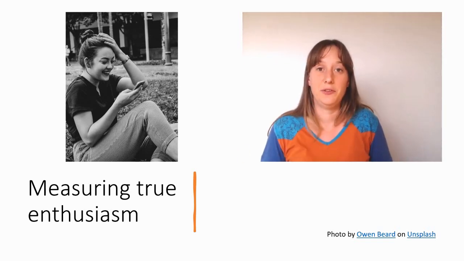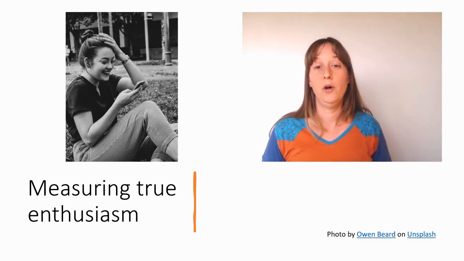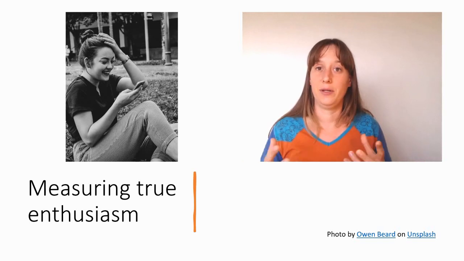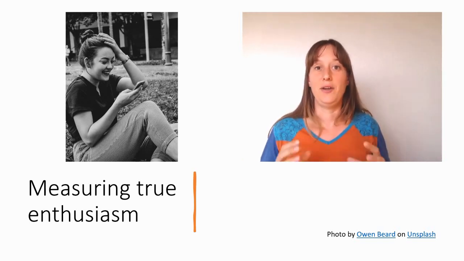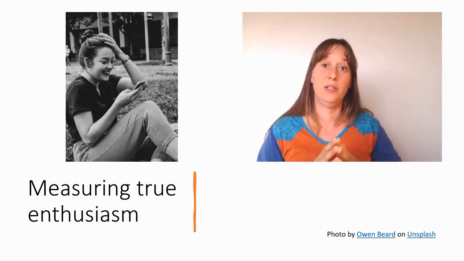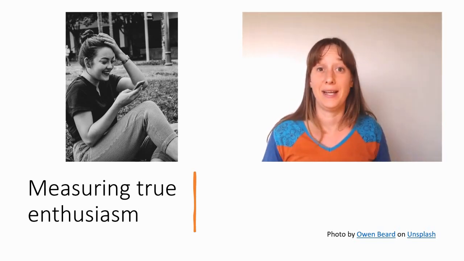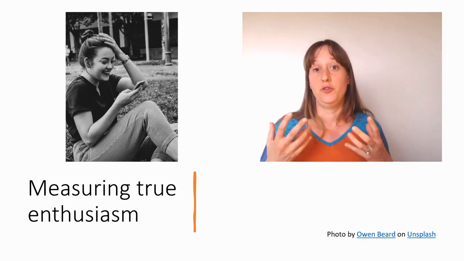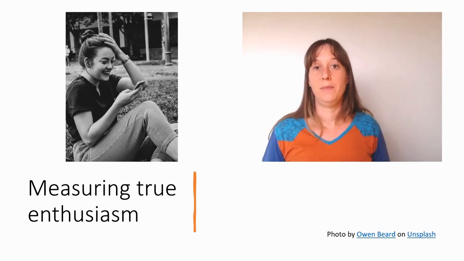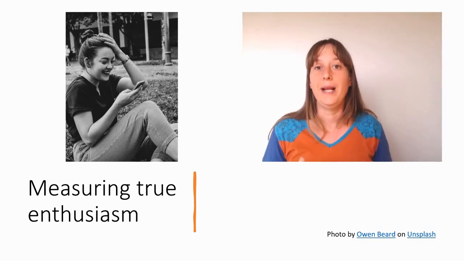And sometimes if you have a smaller test group, or your test group is growing, then you can measure these things in order to get an idea about true enthusiasm and how much people actually care. So this is about measuring true enthusiasm, no socially desirable responses, and really authentic, true enthusiasm.